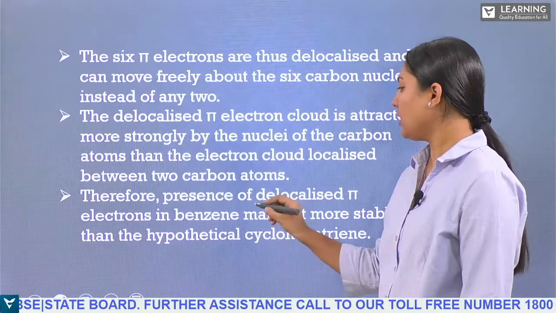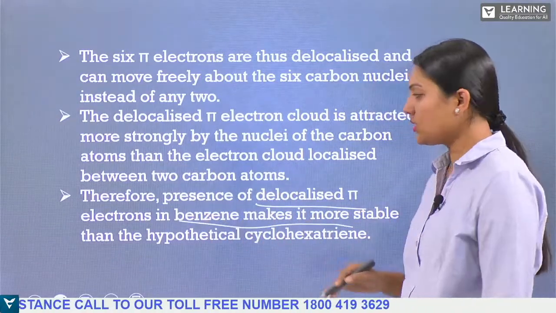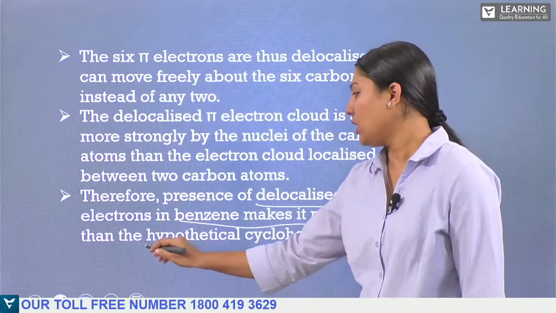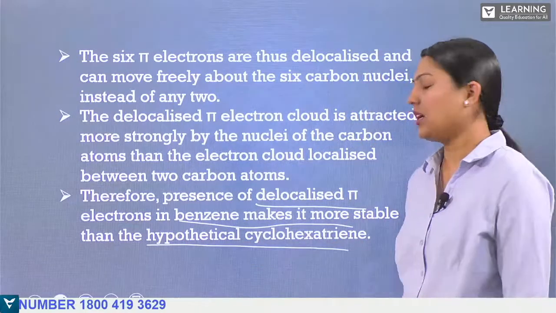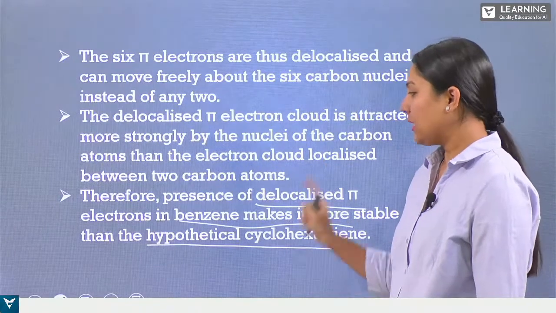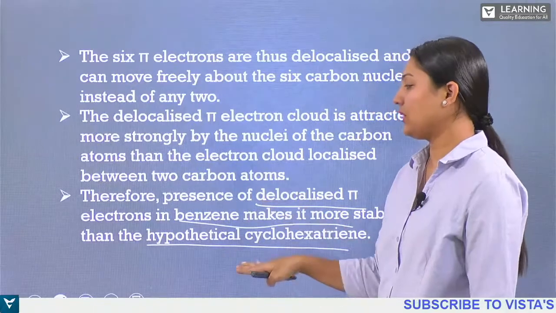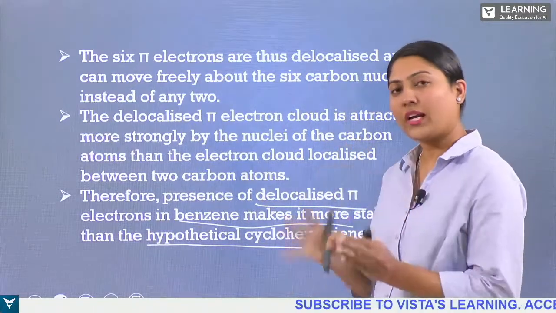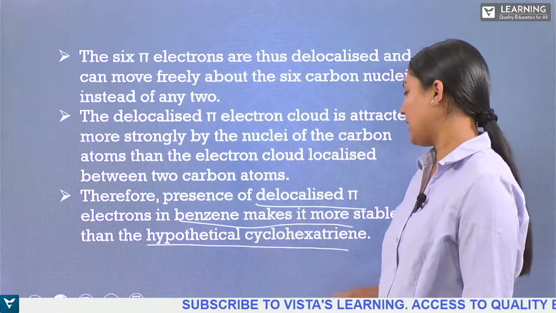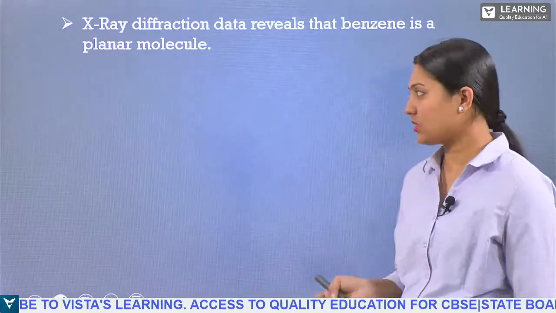The presence of delocalized pi electrons in benzene makes it more stable than the hypothetical cyclohexatriene, which has only one type of structure without delocalization. Why is it stable? Because it has resonance structures.